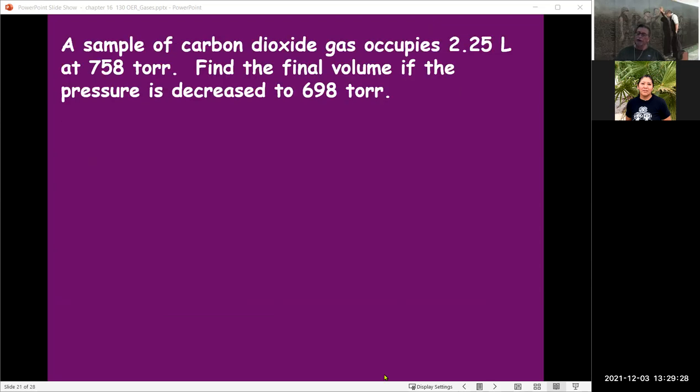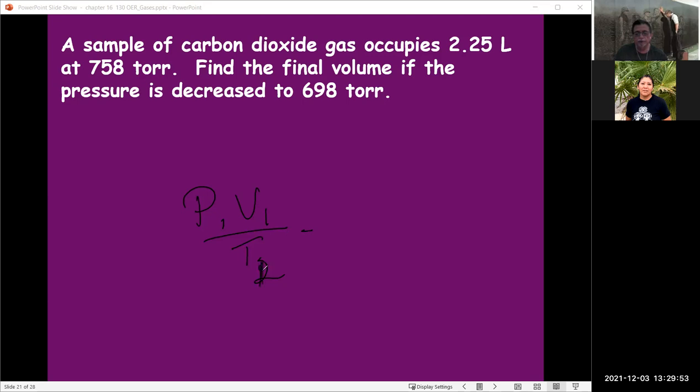For example, a sample of carbon dioxide gas occupies 2.25 liters at 758 torr. Find the final volume if the pressure is decreased to 698. All right, so I can do this. I can go this route.